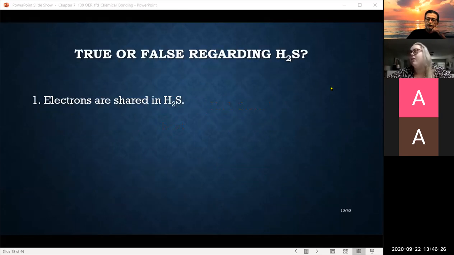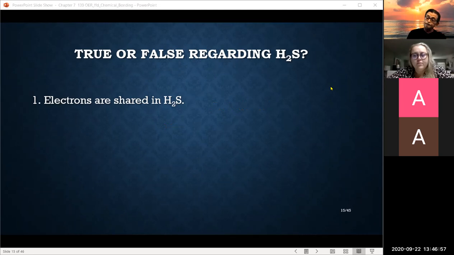All right, so let me clear here. Here we have hydrogen sulfide, another nasty smelling gas, H2S. So question here, true or false? Electrons are shared in H2S. What would you say? I'm going to guess true.